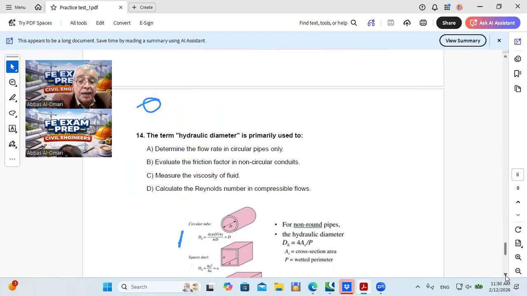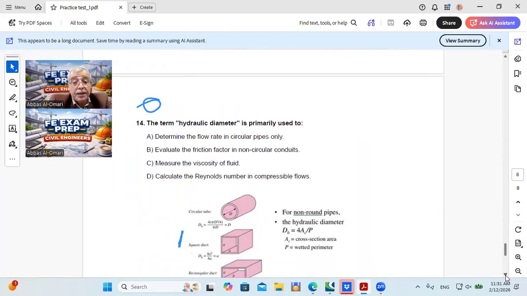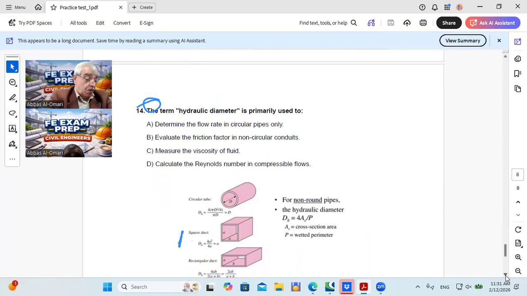So it is based on the diameter. So for non-circular pipes, there's a definition of the hydraulic diameter, which is defined as 4A over P, where A is the cross-sectional area and P is the perimeter.